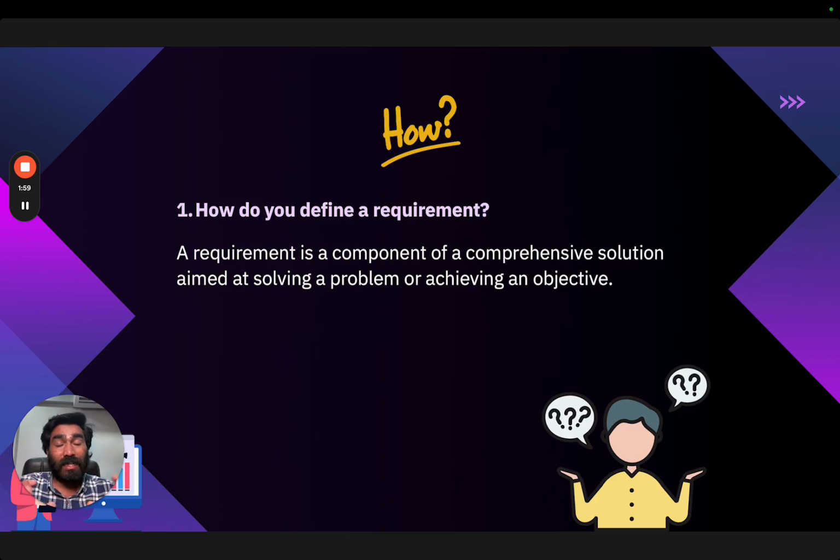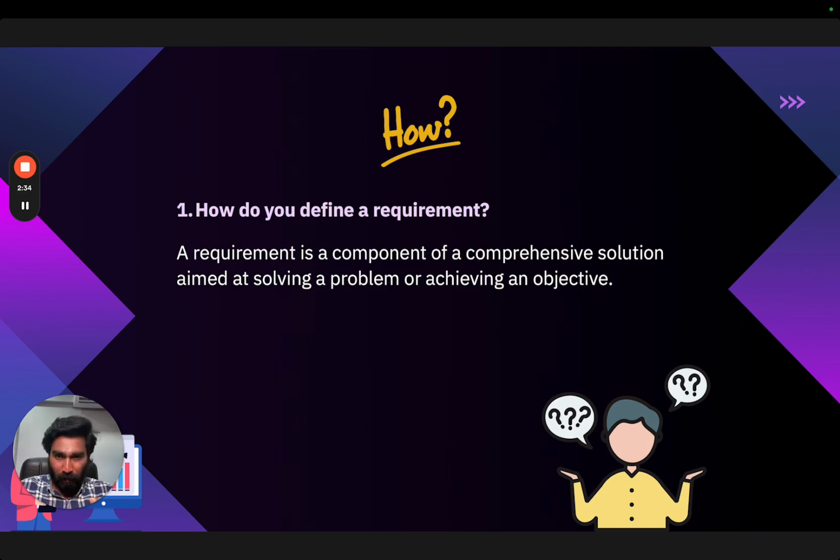Requirement is nothing but, guys, let's take an example. If you want to design an application for, let's say, cab booking, then the requirement is the user interface, the back end of the application, and then the features you're expecting: maybe customer profile or user profile, user type, user KYC documents, user vehicle number, different types of vehicles.